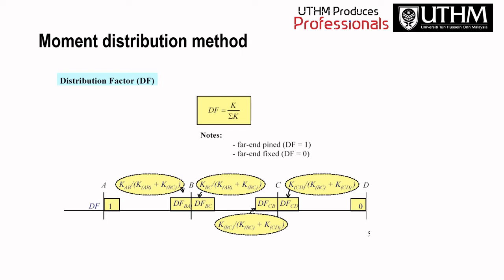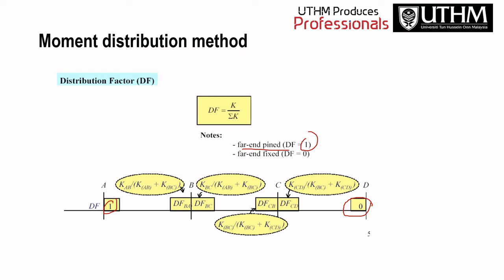So here you can see that for a far end pin support, DF is 1, meaning that if A just now is the pin support, it is 1. And for a far end fixed, DF is equal to 0.